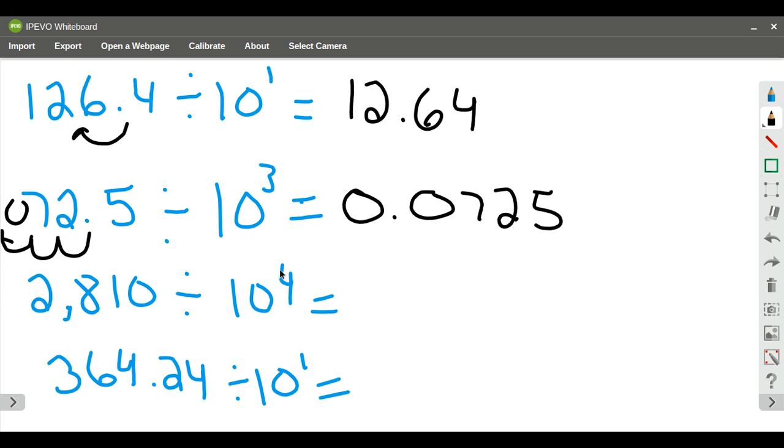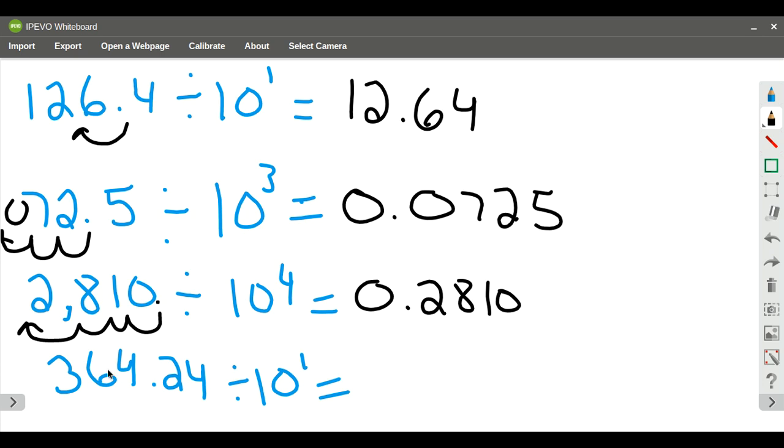2,810 divided by 10 to the fourth power. If you don't have a decimal, you need to remember that the decimal is always going to be after the ones place. So in this case, it's after the 0. I'm going to move my decimal 4 places. So it's going to go 1, 2, 3, 4. So my new value is going to be 0.2810.